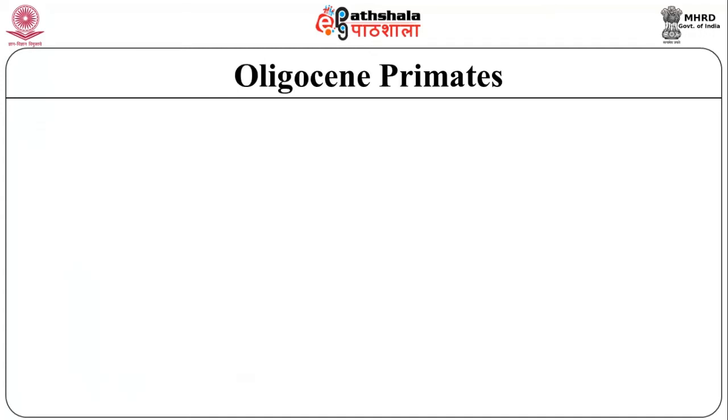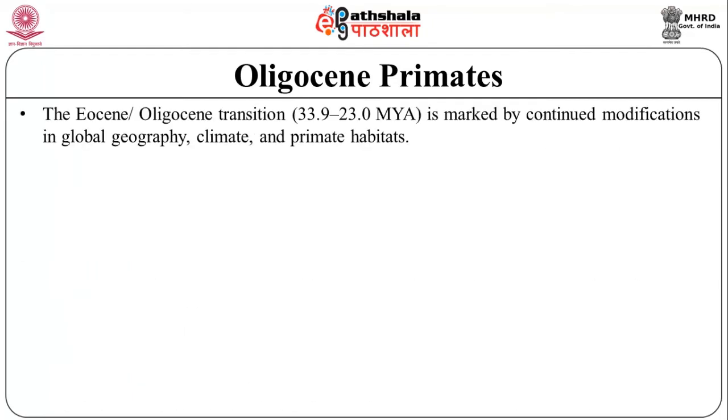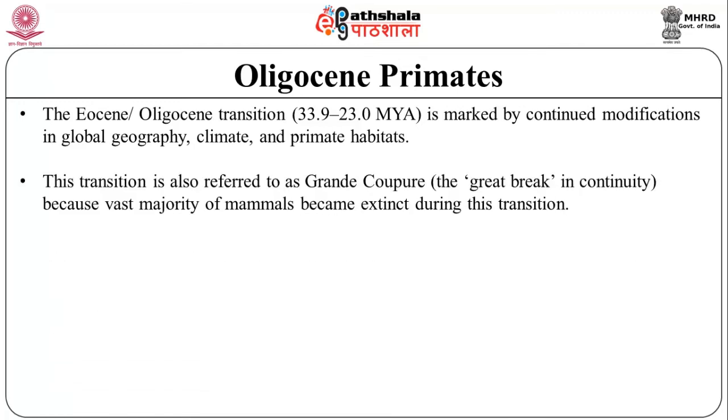Now when we see Oligocene primates, the Eocene-Oligocene transition, that is 39 to 23 million years ago, is marked by continued modification in global geography, climate, and primate habitats. This transition is also referred to as Grande Coupure, the Great Break in continuity, because a vast majority of mammals became extinct during this transition.